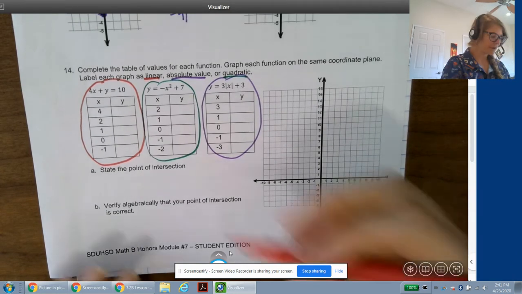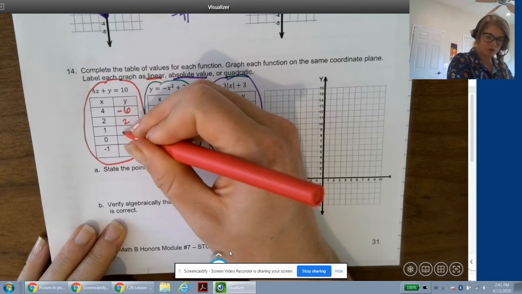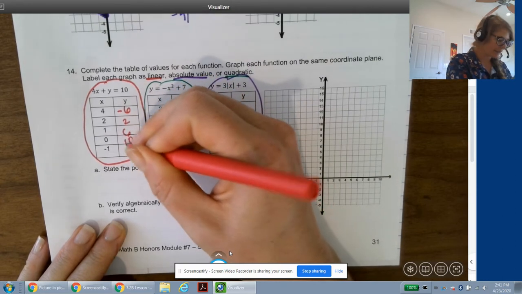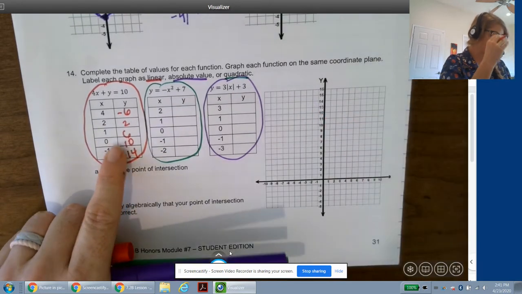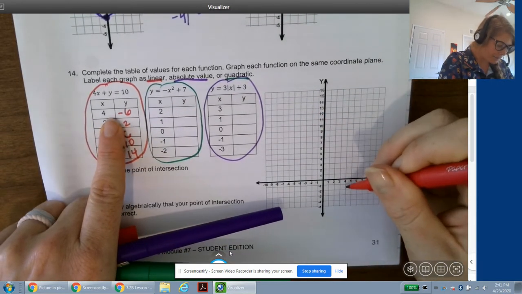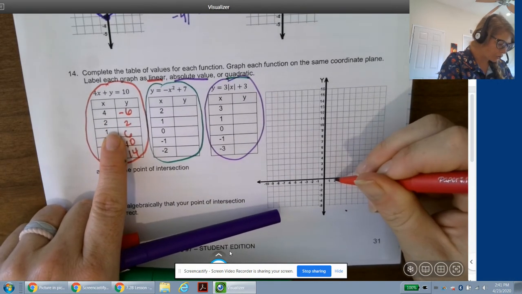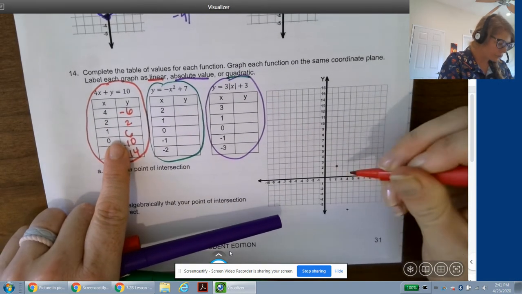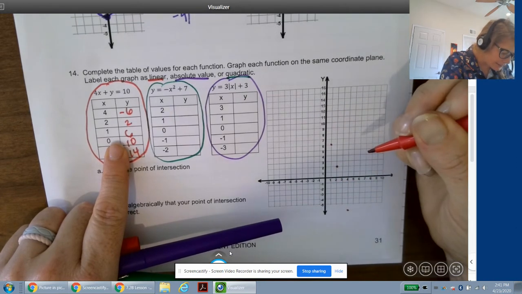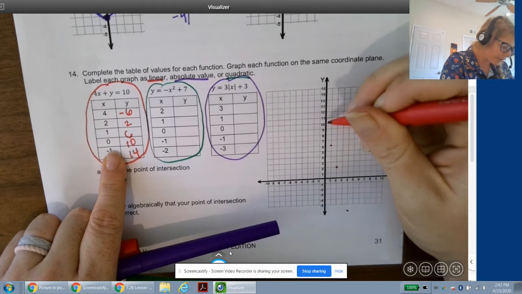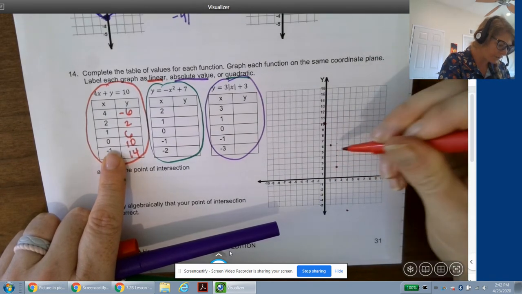Okay, so this linear function, let's see. He says negative 6, 2, 6, 10, and 14. So if I go ahead and graph this, I'm at 4, negative 6, 2, 2, 1, 6, 0, 10. Looks like I'm going up 1, 2, 3, 4, and over 1.